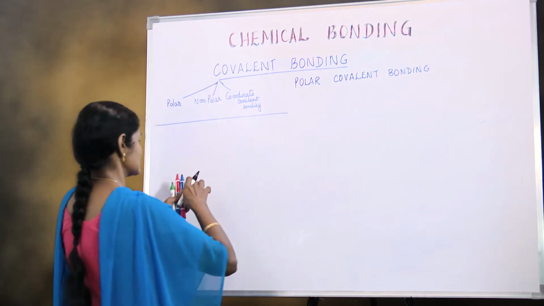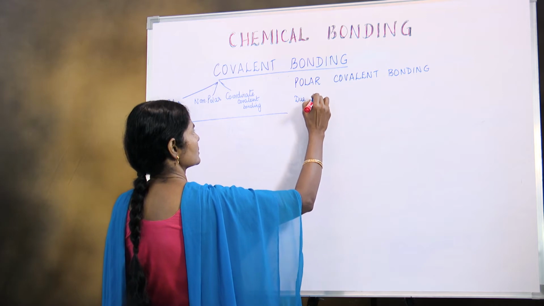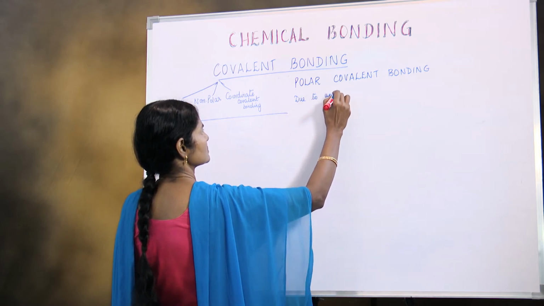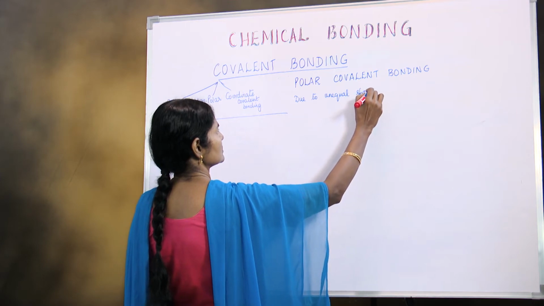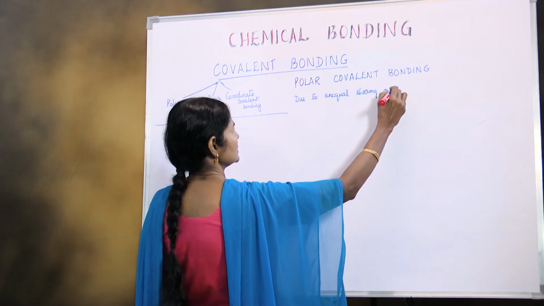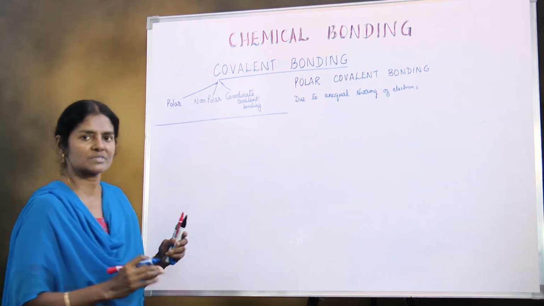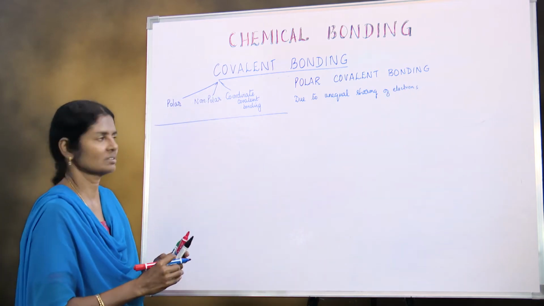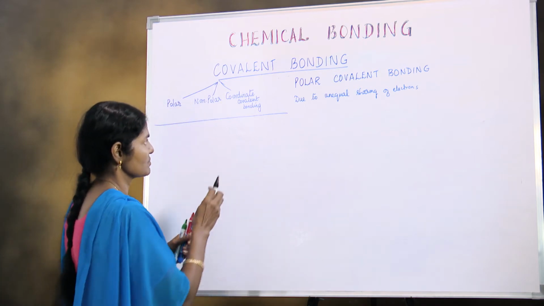Let us first write: it is due to unequal sharing of electrons. And whenever there is an unequal sharing of electrons, charges will be formed. There is a possibility for the charges to be formed.